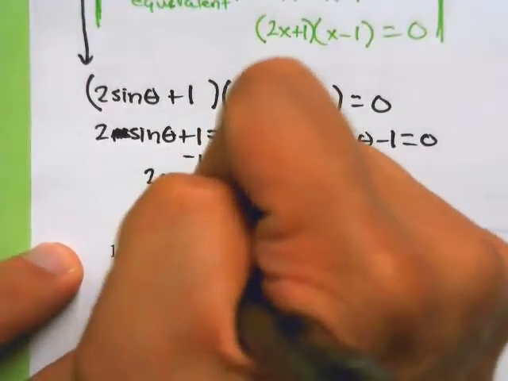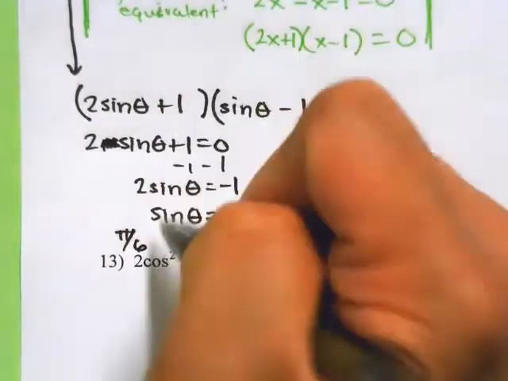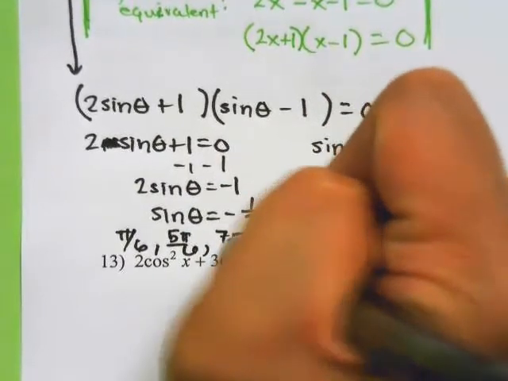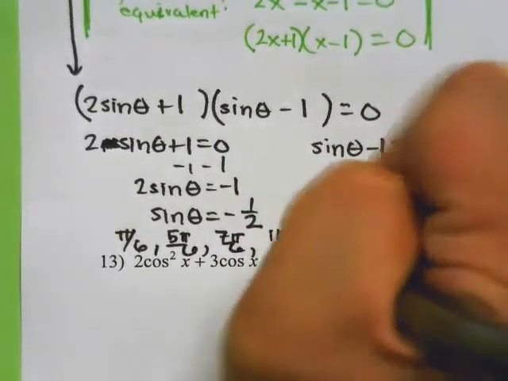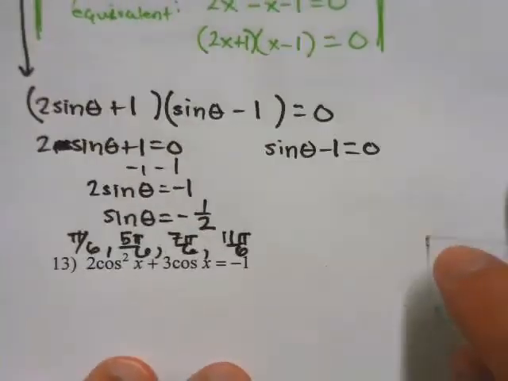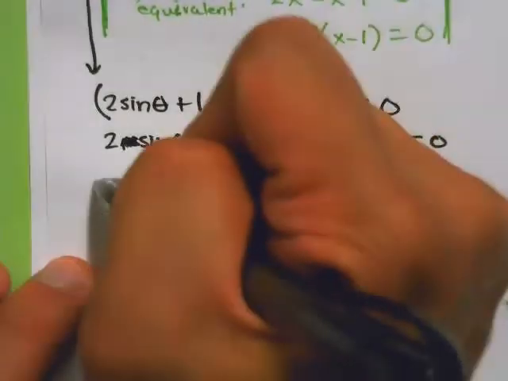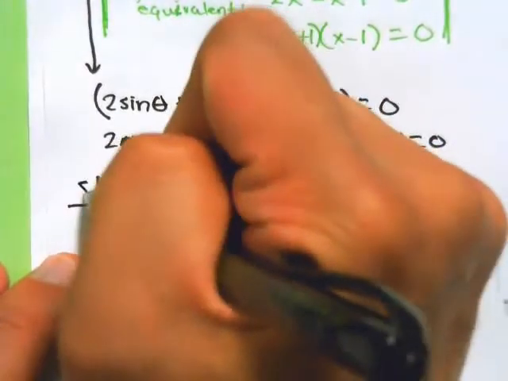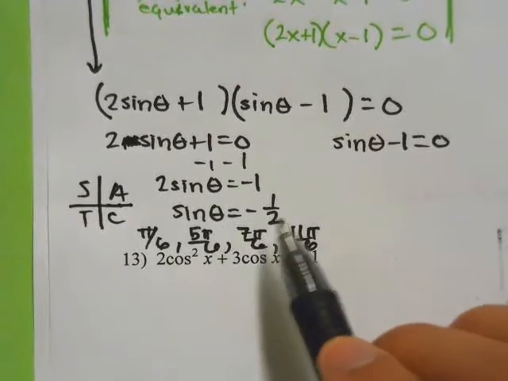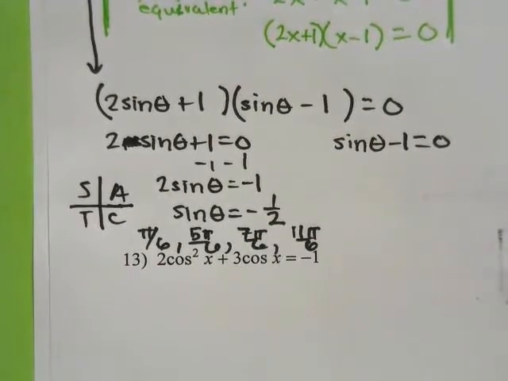Okay, so we have options for ourselves. We have pi over 6, 5 pi over 6, 7 pi over 6, and 11 pi over 6. I'm going to draw my All Students Take Calculus, but we want the theta that makes it -1/2.